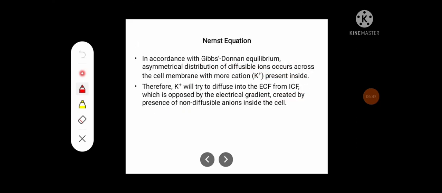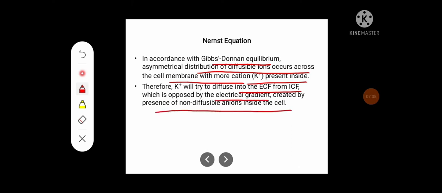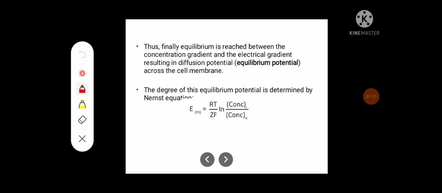Nernst equation. In accordance with Gibbs-Donnan equilibrium, asymmetrical distribution of diffusible ions occurs across the cell membrane, with more cations present inside. Therefore, potassium will try to diffuse into the ECF from the ICF, which is opposed by the electrical gradient created by the presence of non-diffusible ions inside the cell.